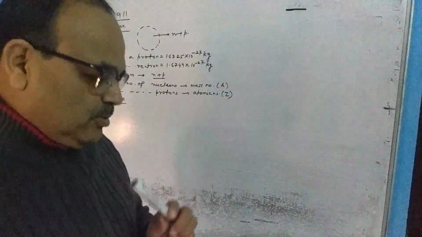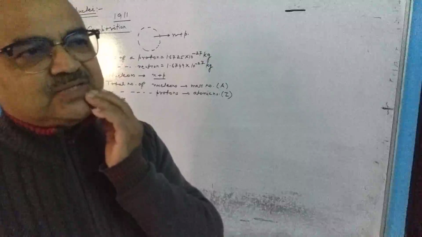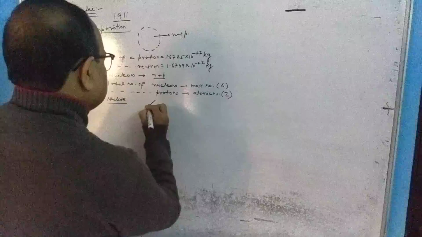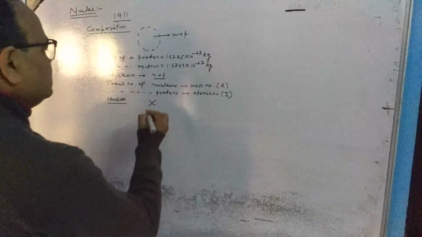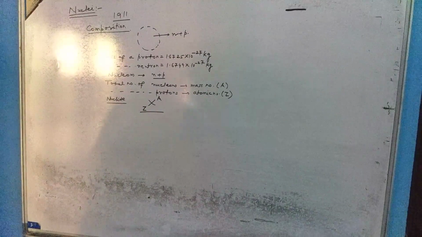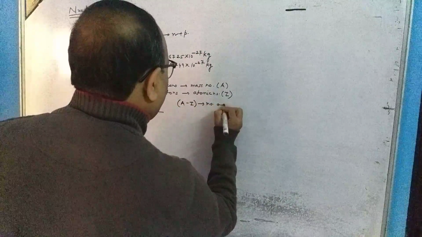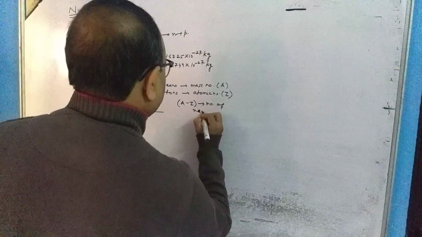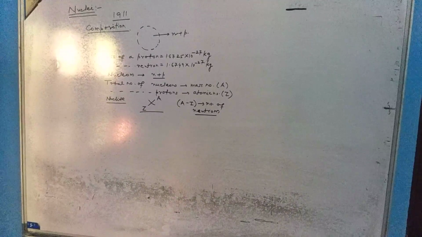Characterized by its atomic number and mass number means, suppose any atom or an element X, its nuclei will be represented by X with A and Z, like this. Obviously here A minus Z is the number of neutrons, right? A minus Z is called the number of neutrons.